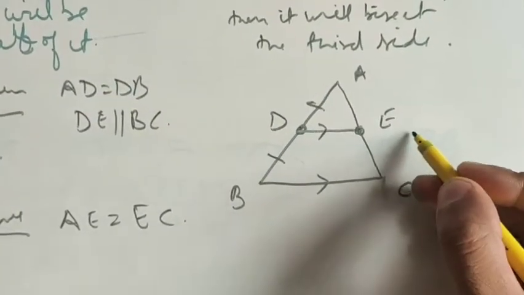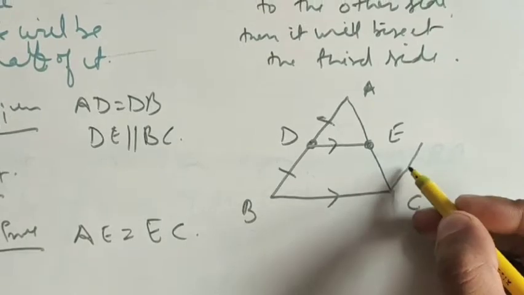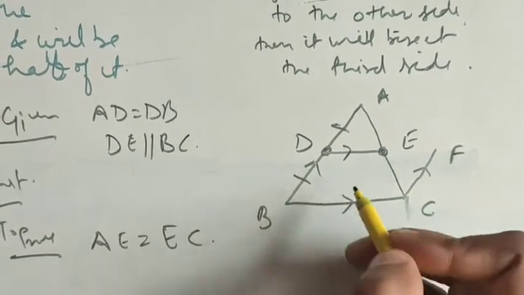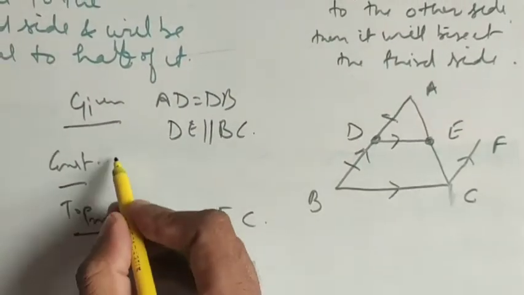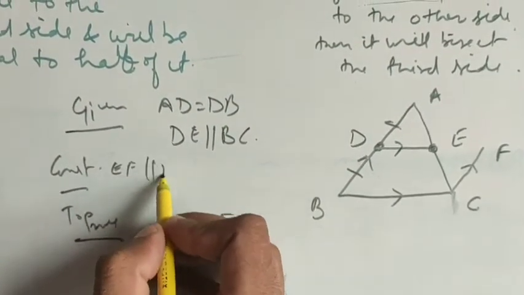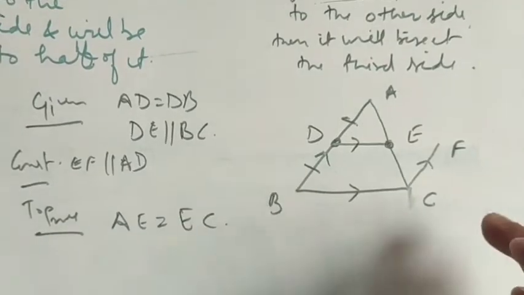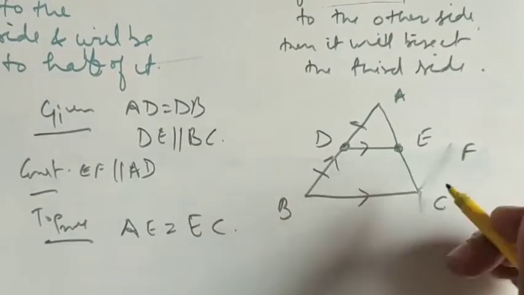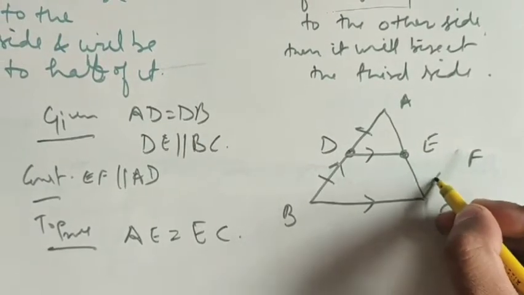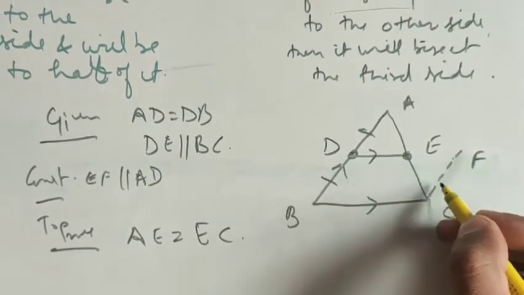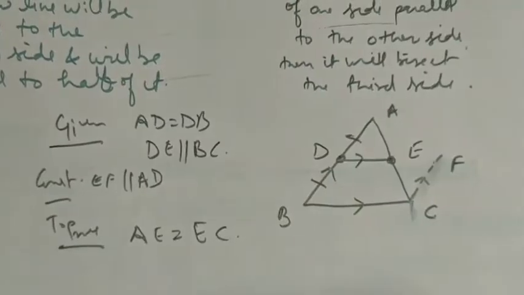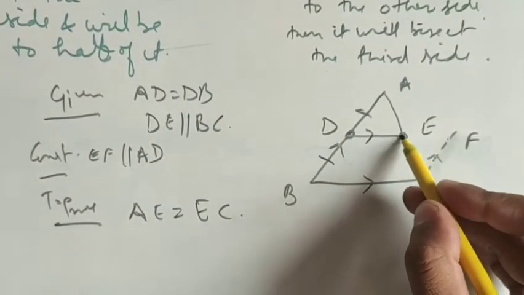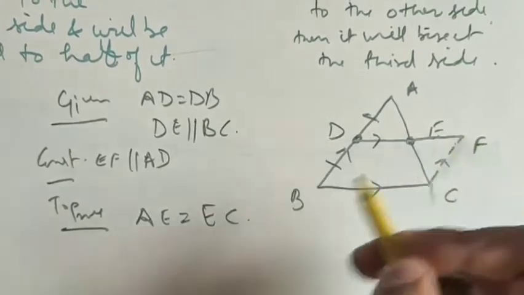Construction: CF parallel to AD. Again you have to mark all the lines which you are constructing as dotted lines. So mark it like this. This CF is parallel to AD, and extend DE to F.